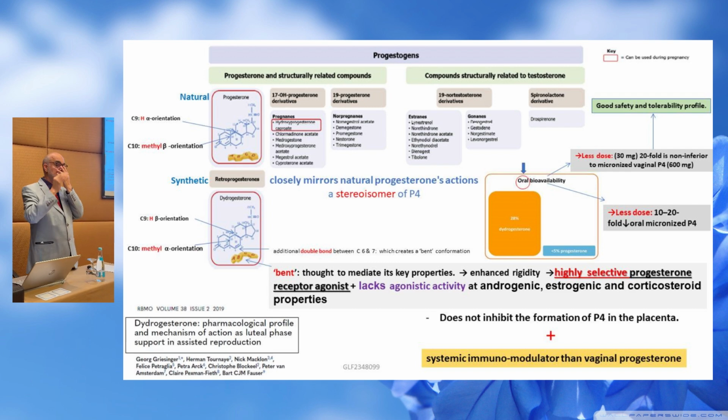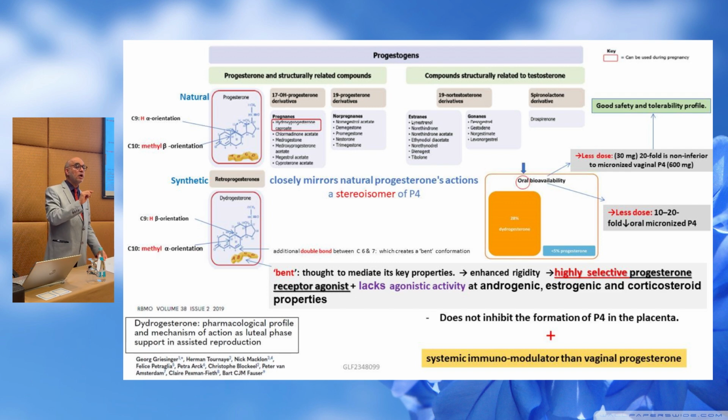And this is the cause of this bend. And this is a very important modification from natural progesterone because it is responsible for the high selectivity of the dydrogesterone to progesterone receptors. It is a good selective agonist to progesterone receptor because of this bend of the molecule. Also, there are some different orientation of alpha and beta, but it's not as important as this bend between C6 and C7.